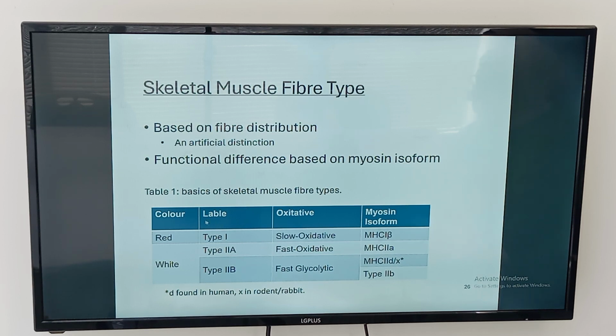We have four columns in this table: the color of each muscle fiber, the label, the oxidative state, and the myosin isoform.